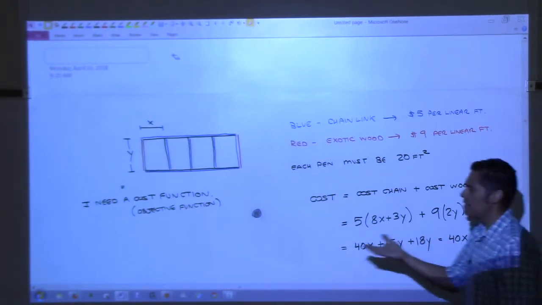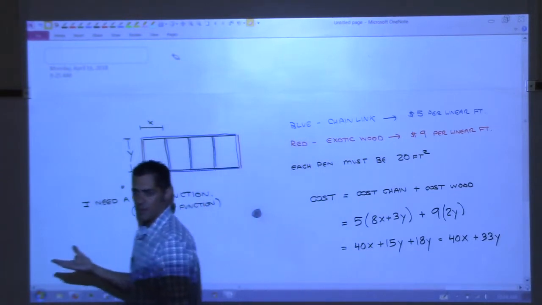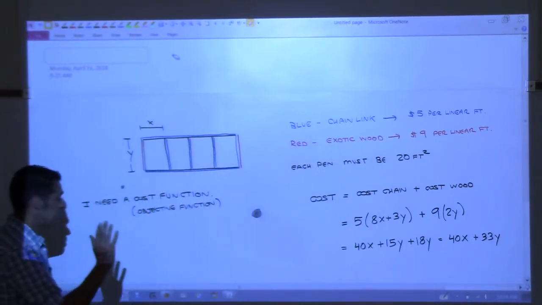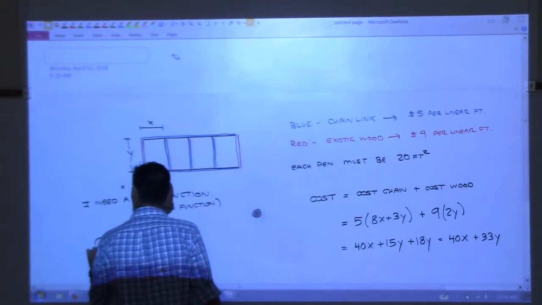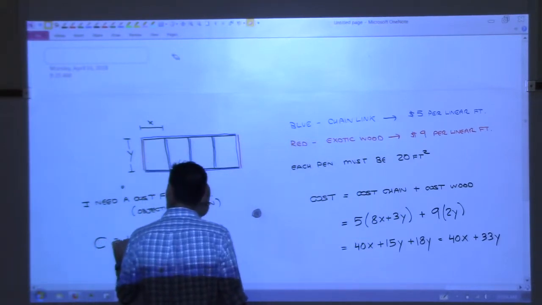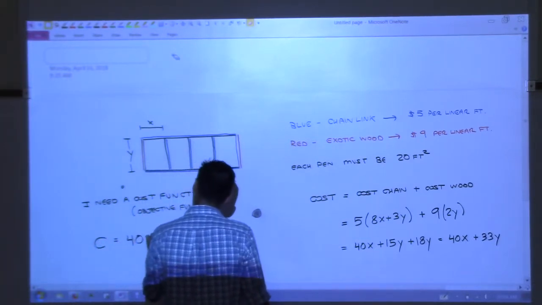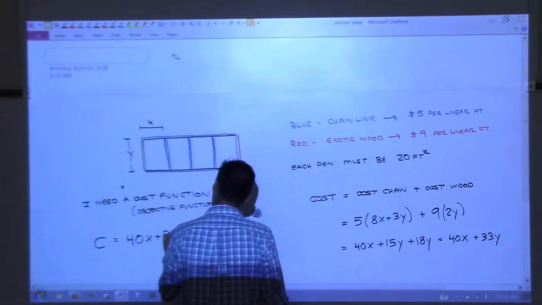Okay, so I needed a cost function, right? Here's what I have so far. The cost of building this fence will be 40 x's plus 33 y's.